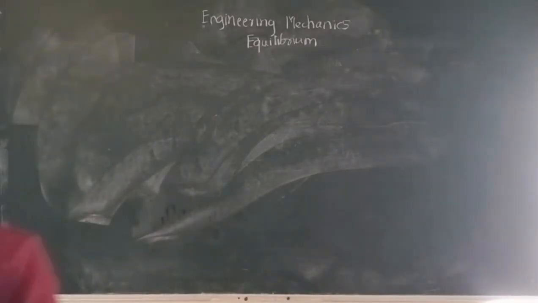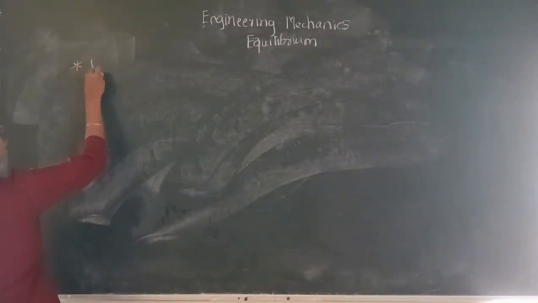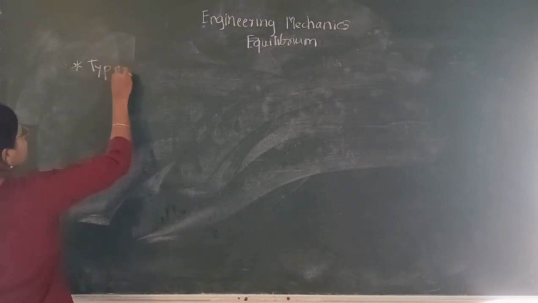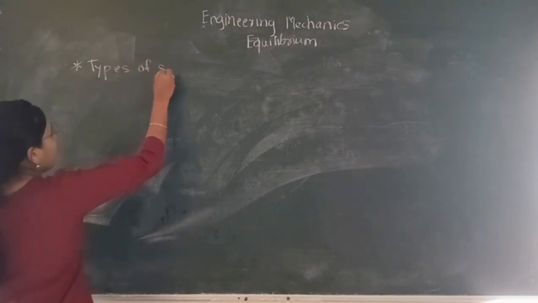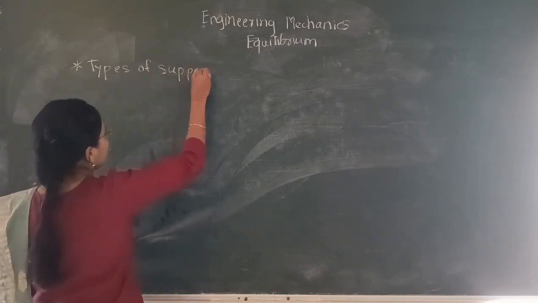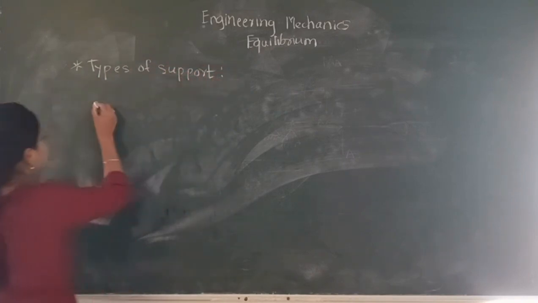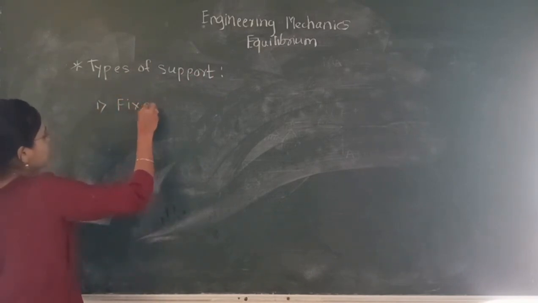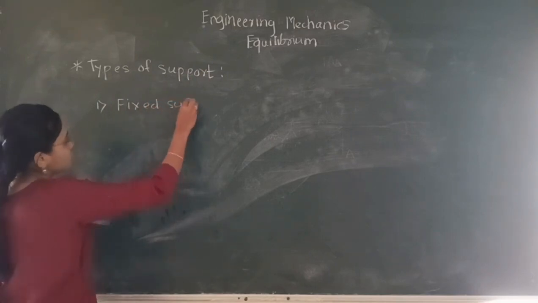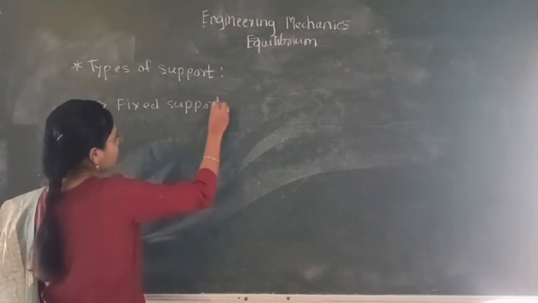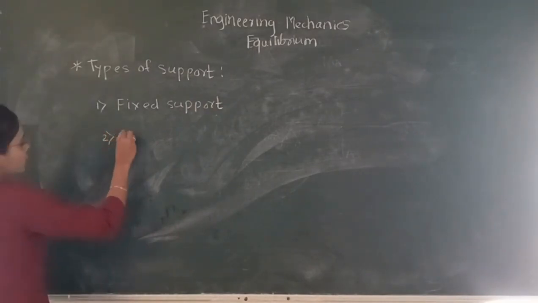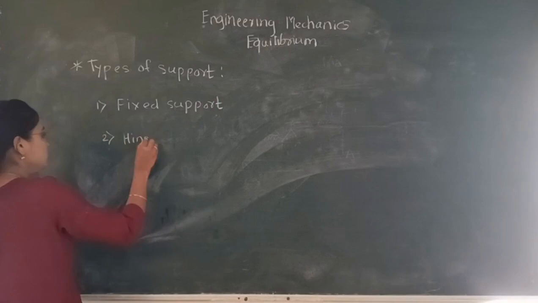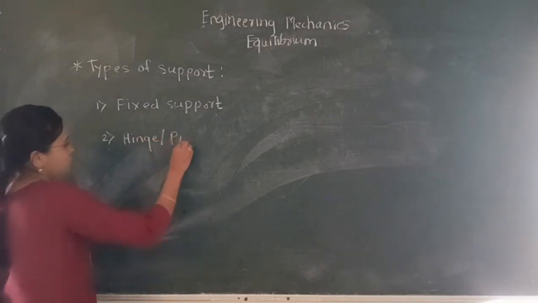Okay, so our next topic is types of support. Normally there are three types of support. The first type is fixed support. The second type is hinge or pin support.